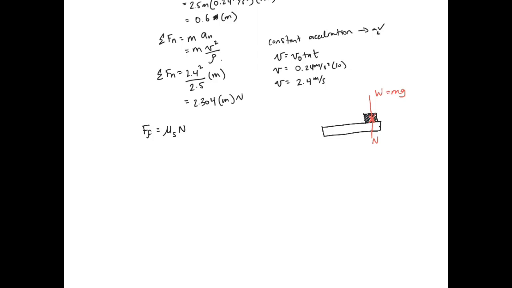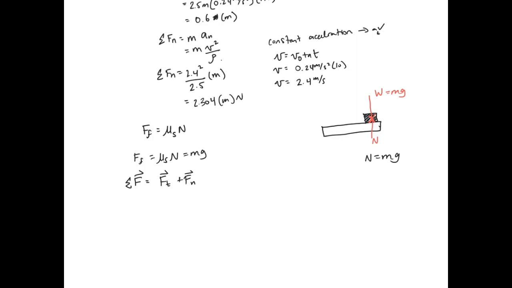So if we combine all the information we have so far, we have force of friction is equal to mu s N. Normal force is equal to mg, so this would be equal to mg. We also know the summation of our forces is equal to the force tangential plus the force normal.